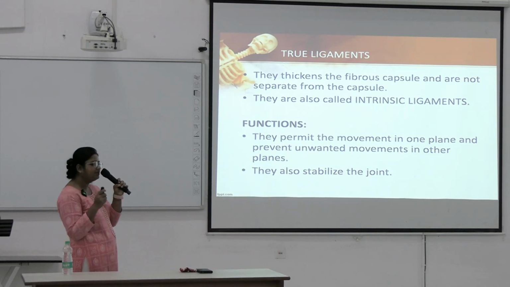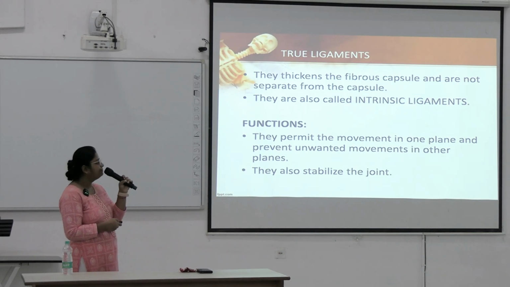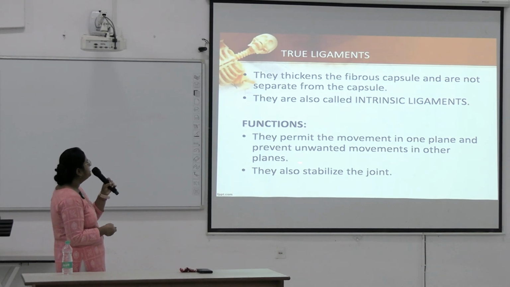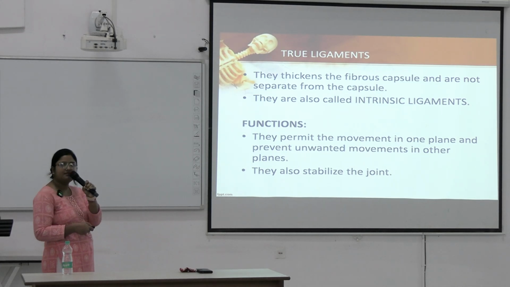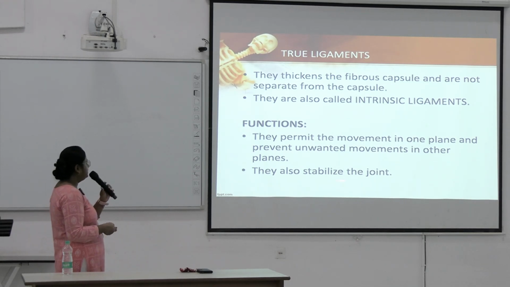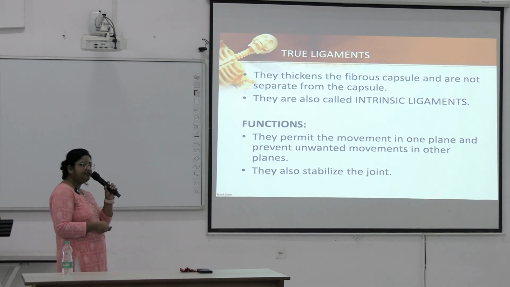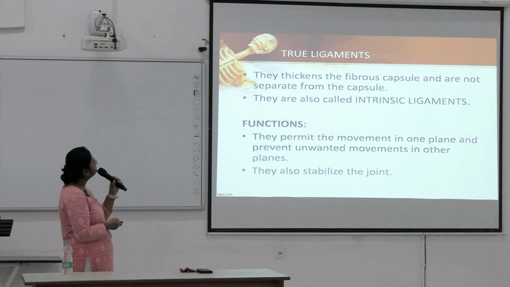They mainly fuse with the capsule, and they are also called intrinsic ligaments. What are the functions? They permit movement in one plane and prevent unwanted movements in other planes. This is the main function of a true ligament. They also stabilize the joint.